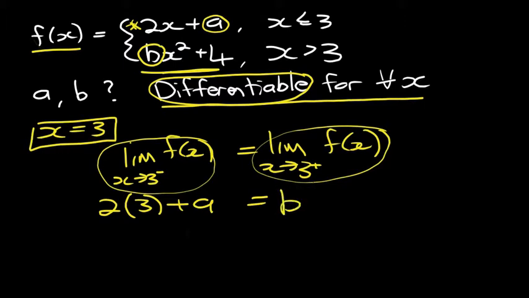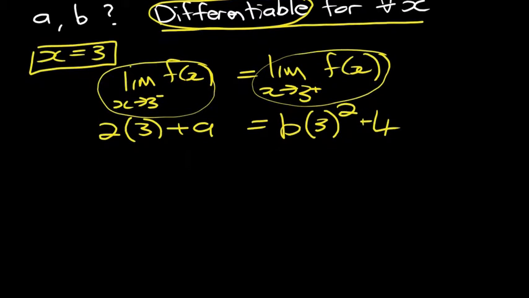So b, and we've just placed 3 in there. Now if we simplify this, you get 6 plus a is equal to 9b plus 4.